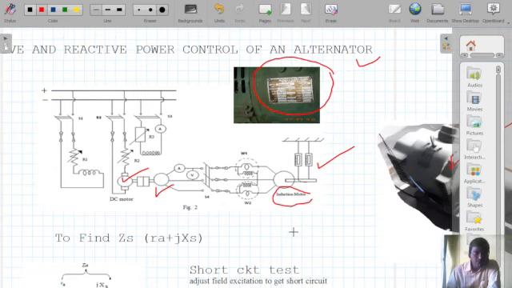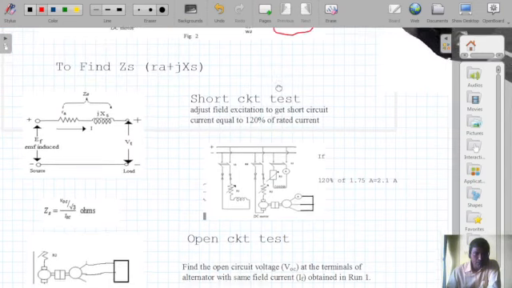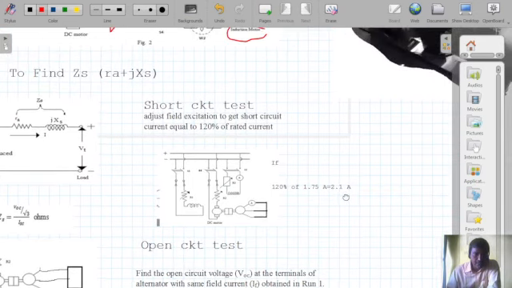Now before we conduct the test, we have to first find out one important parameter, that is synchronous impedance. For that we have to conduct two different tests.